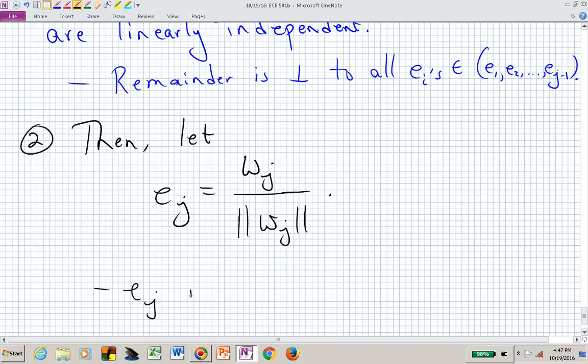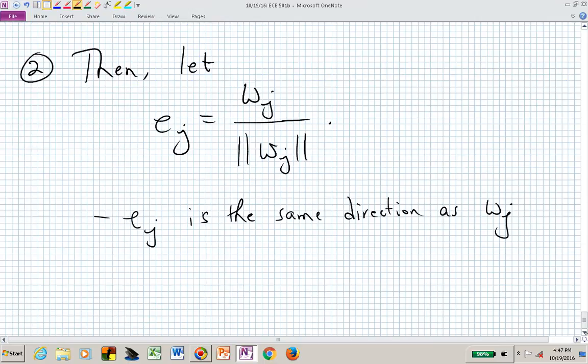And E sub j is the same direction as W sub j, and that was perpendicular to the other E sub l's. But now that E sub j has a norm of 1.